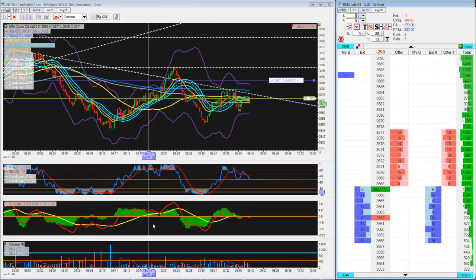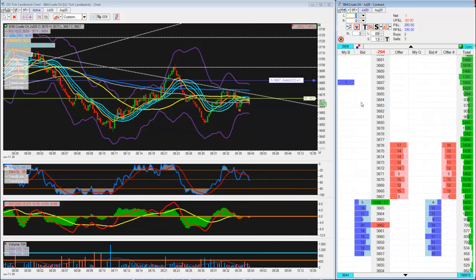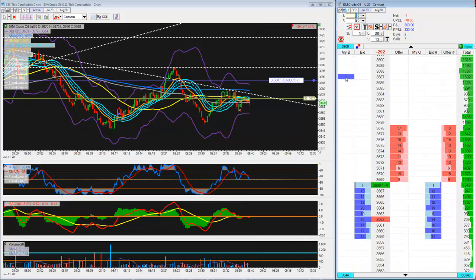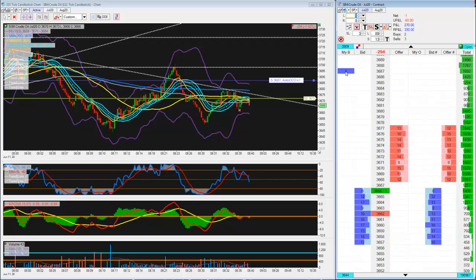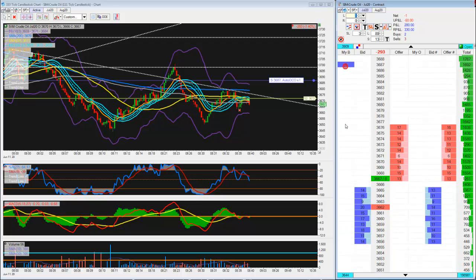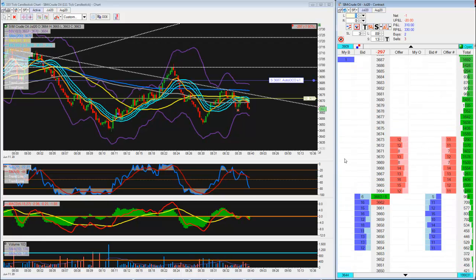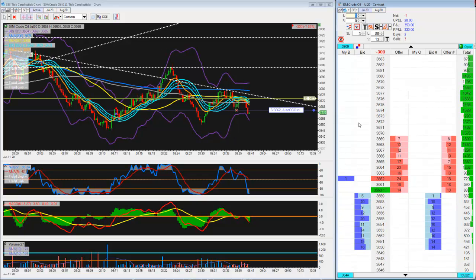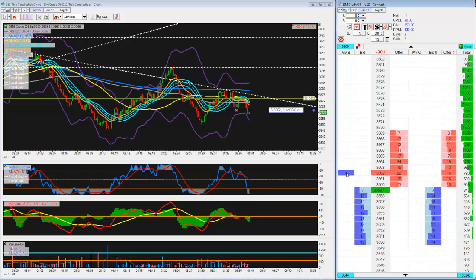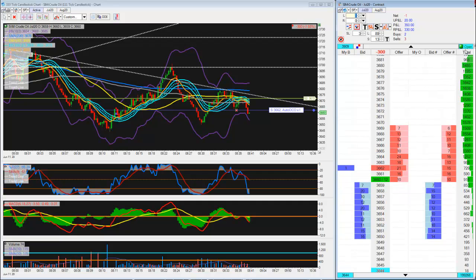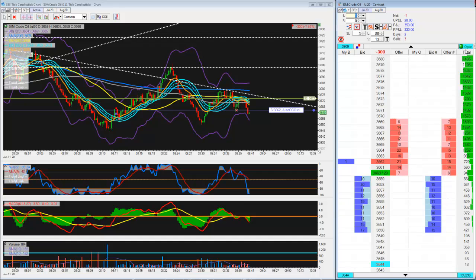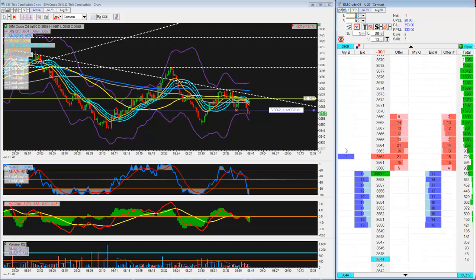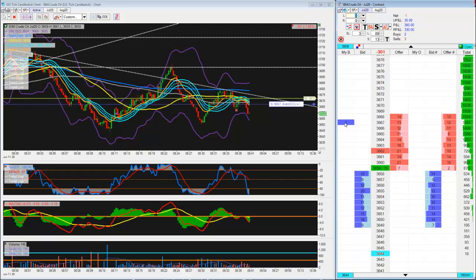Looking at this right here and this momentum, looks like we're going to come down for a while and retest the lows. We'll go about 5.